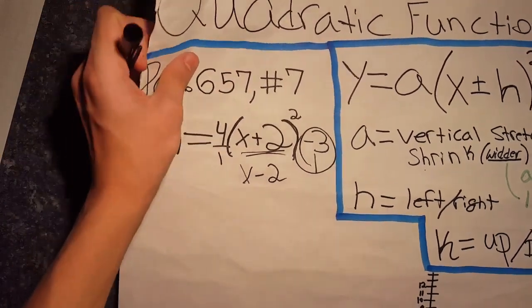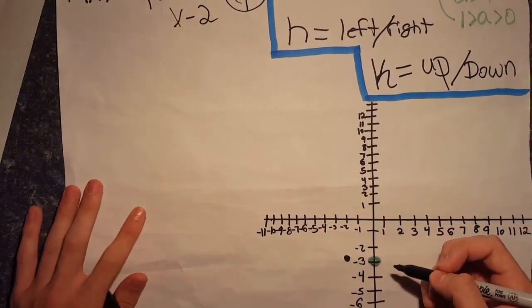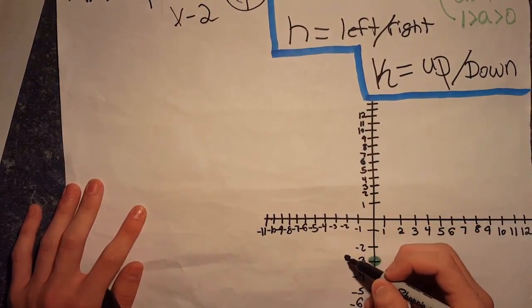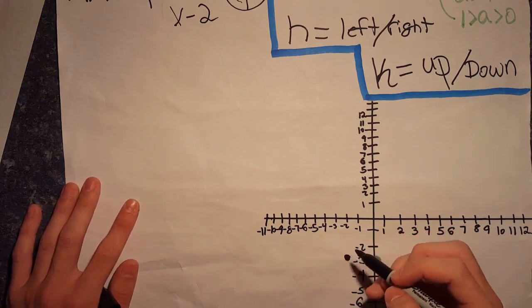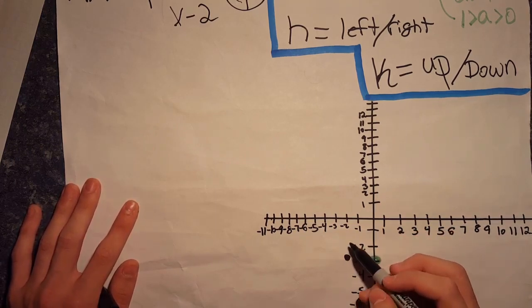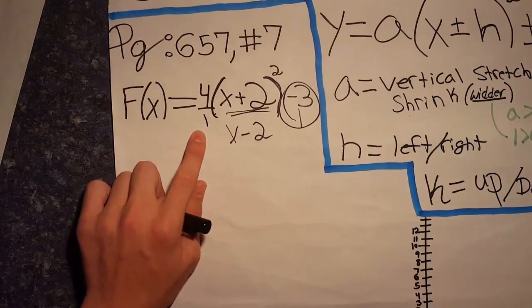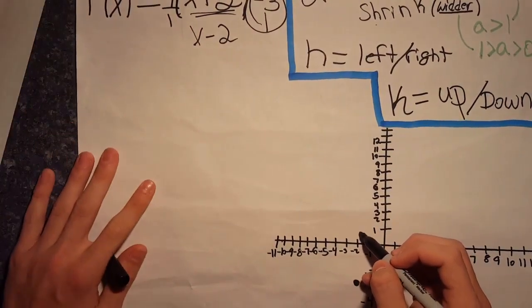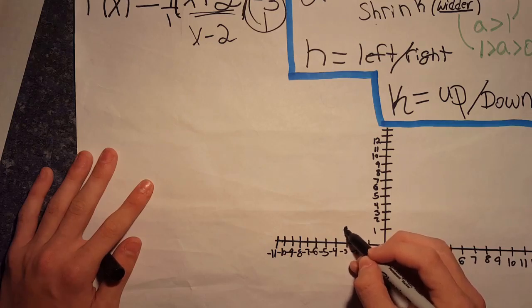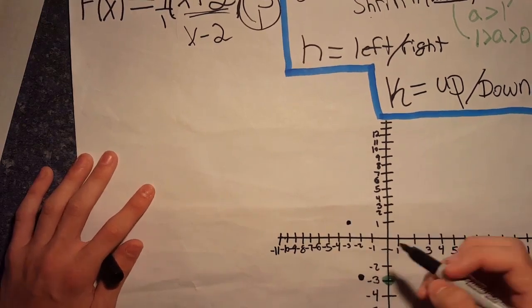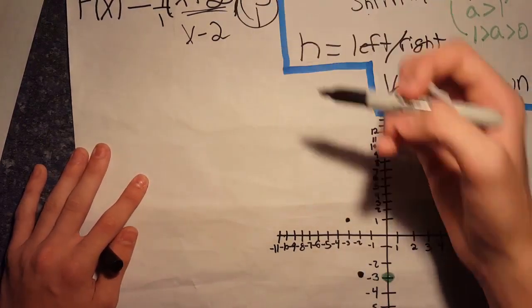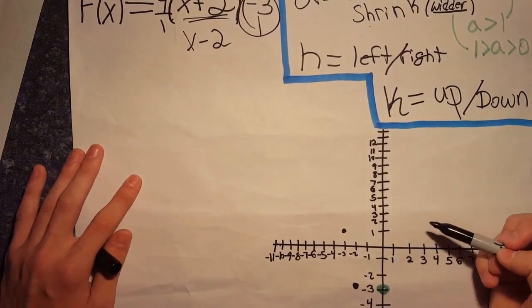So when we graph this, what we want to do is start from where our vertex was, which is that last point. We're going to go up 4. So 1, 2, 3, 4. And then over 1. So you go over 1, and then you're at 3. Now we have to do that again, except go the other side.